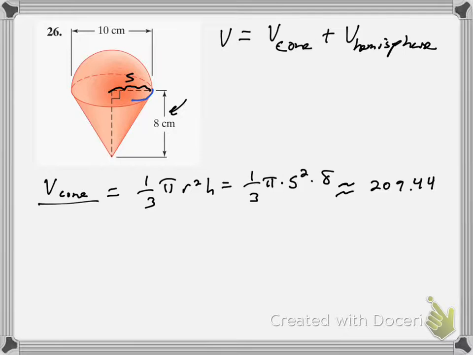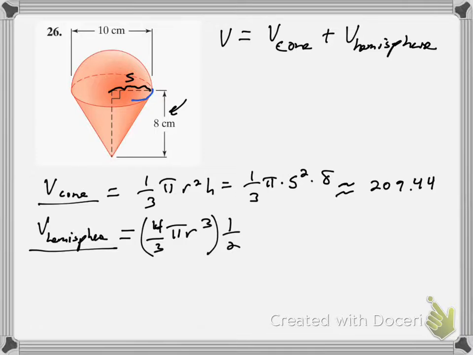Okay, now let's look at the volume of the hemisphere. Well, the volume of a sphere is 4/3 pi r cubed. But since this is a hemisphere, don't I want to cut that in half? I want to cut that in half because that's the volume of a whole sphere, so I have to cut it in half to get the hemisphere part.